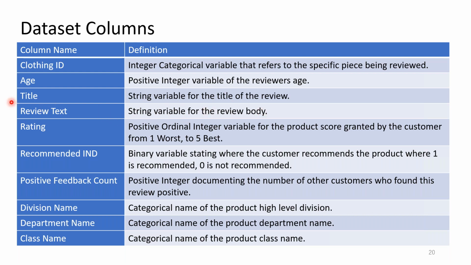We apply the vectorizer to this review text. Age is just a number, and title is a string variable, the title of the review, but it's not so important. Rating is a 1 to 5 scaled grade of the product.